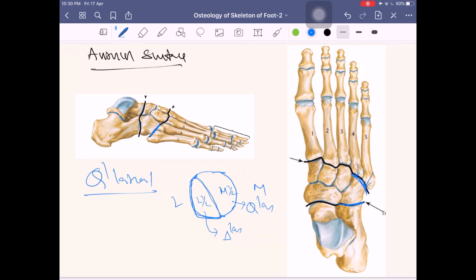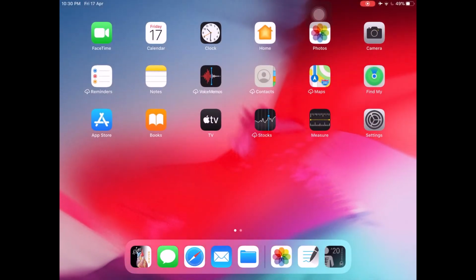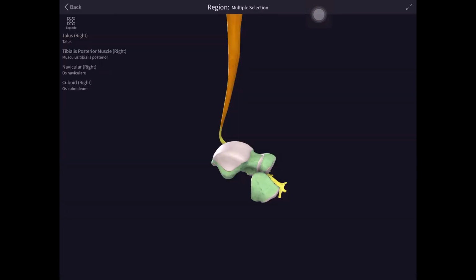So when you have two faces, definitely it will articulate with 2. So you will have the bases of 5th and 4th. You can see here the bases of 5th and 4th metatarsal bones are articulating. So your 4th is articulating with your quadrilateral, and 5th base is articulating with the triangular. So this is about your anterior surface.